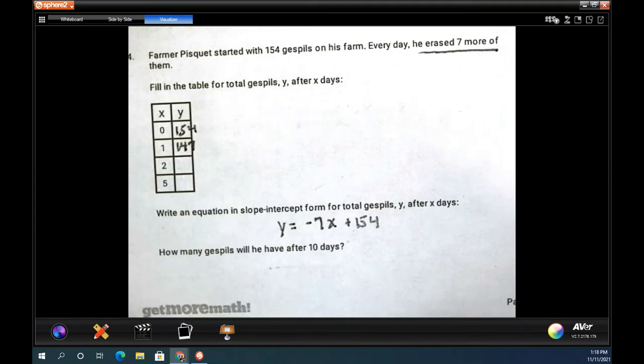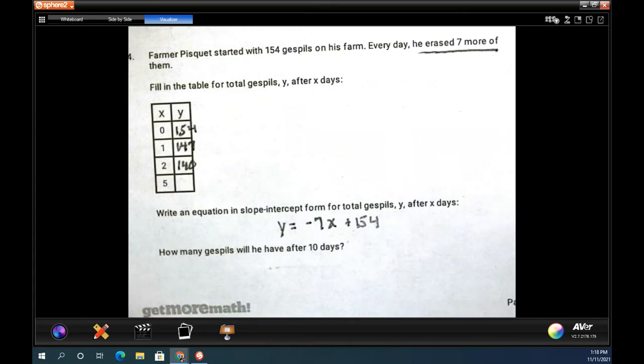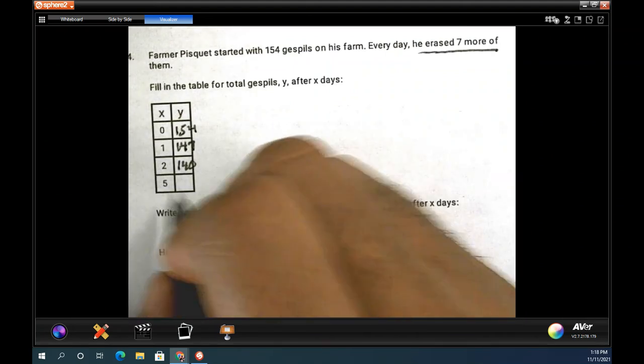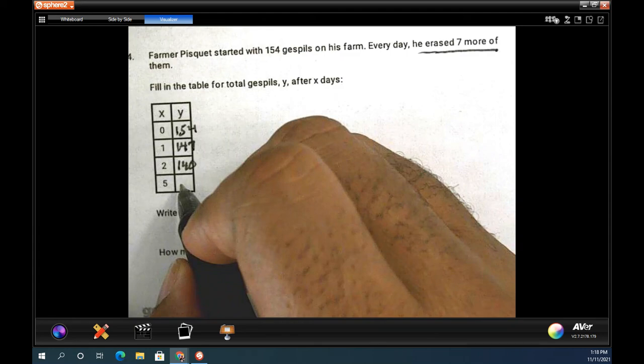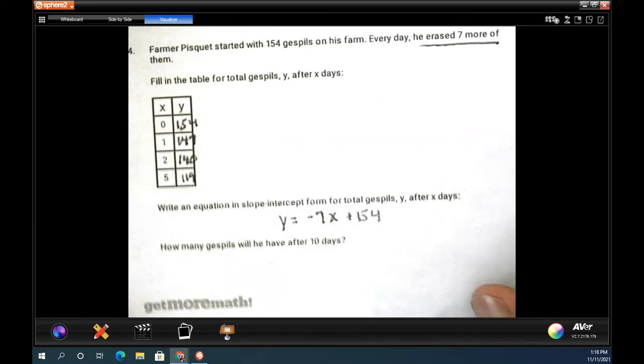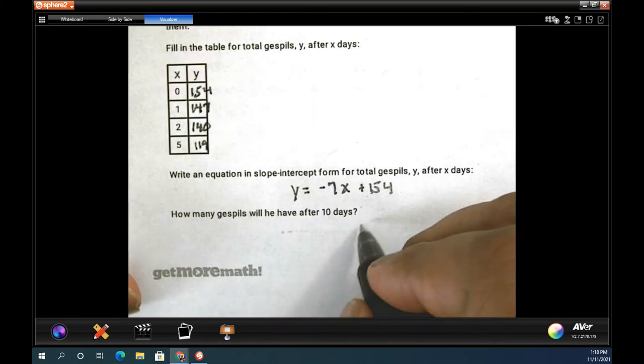This one is 140. And then 119. Is that what y'all got for 5? But here's the question. How many after 10 days did she have left? 84. All you got to do is scroll.